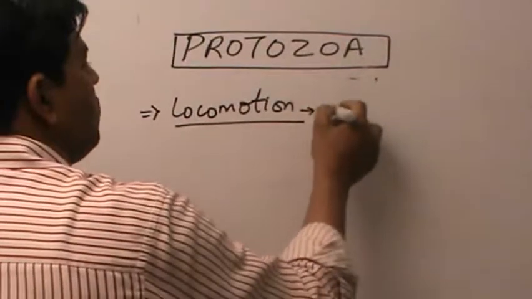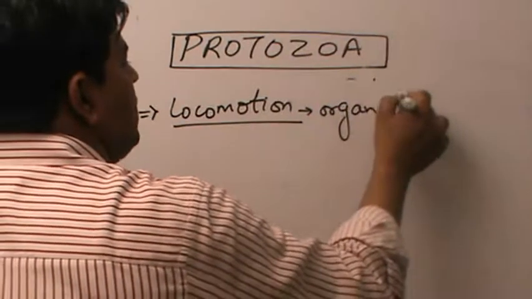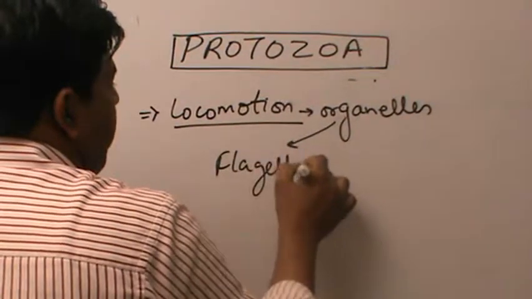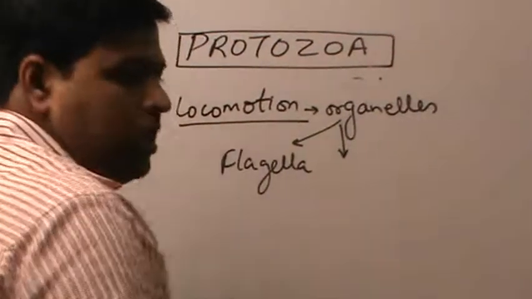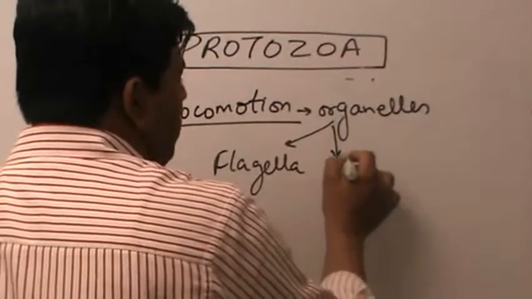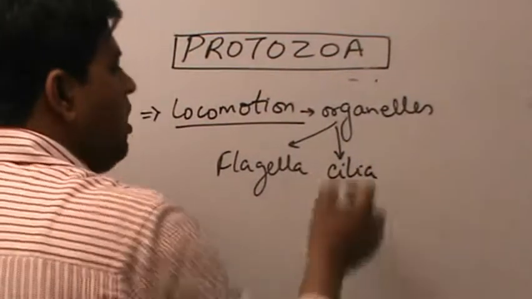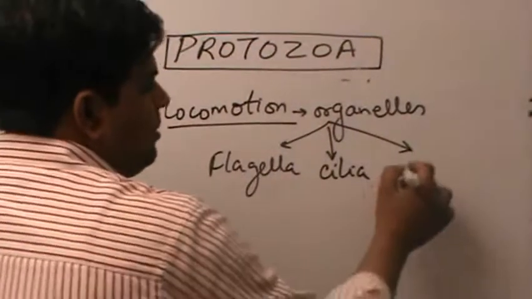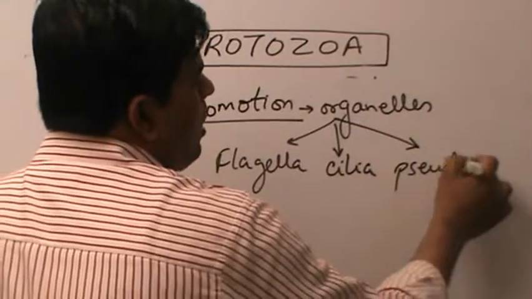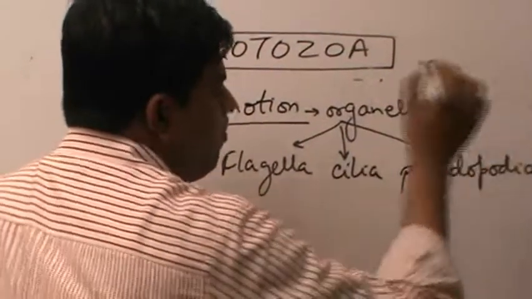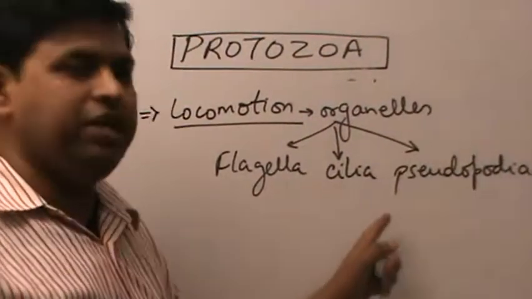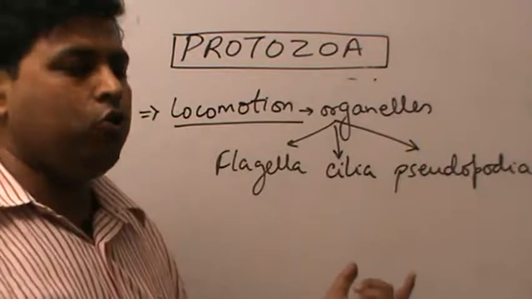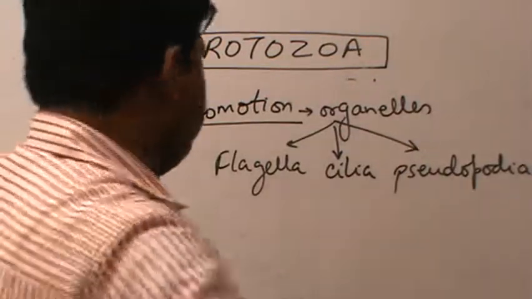They locomote with the help of different types of organelles such as flagella, the longer ones; cilia, the smaller ones and more numerous in number; and a typical type of false legs called pseudopodia. With the help of flagella, cilia or pseudopodia, they can change their position.